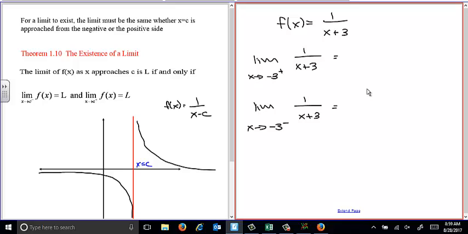So instead of saying it does not exist, we do want to indicate which direction it's going. So there's a couple of ways you can do this. You can do it graphically, and if I graphed it, what you would find out is that from the positive side of negative 3, it goes to positive infinity, and here it goes to negative infinity.